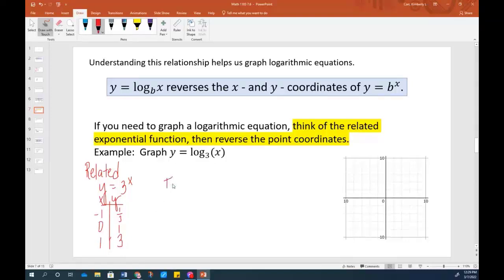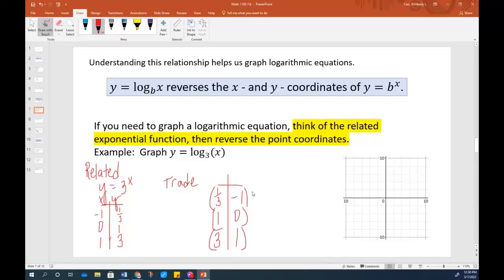So then I have those points. I am going to trade them and say, okay, if I go out 1/3, I'll be at negative 1. 1 will give me 0, and 3 will give me 1. These are the points then that I can graph to get my logarithm.